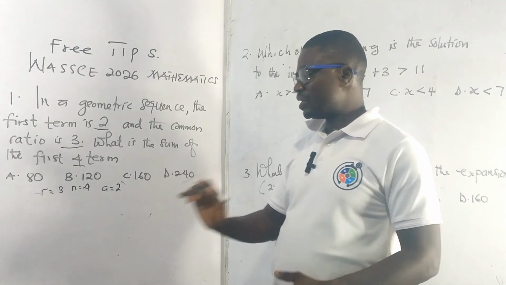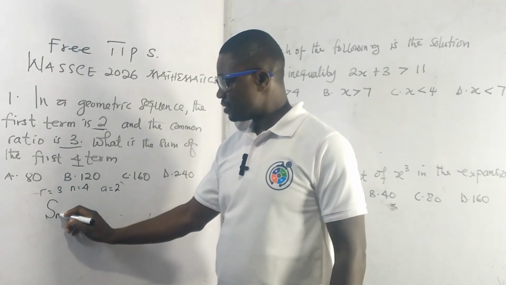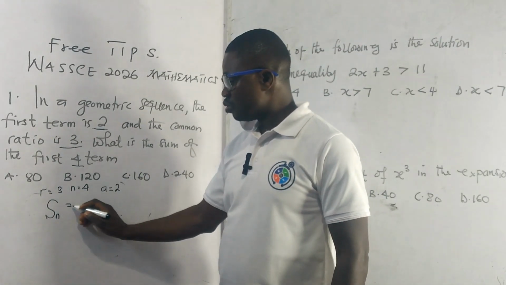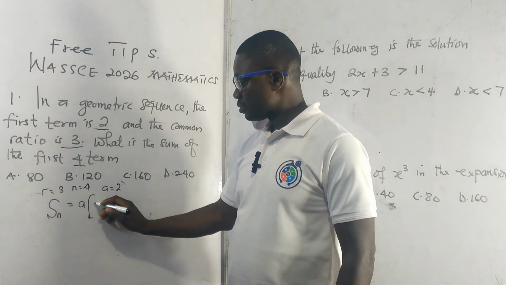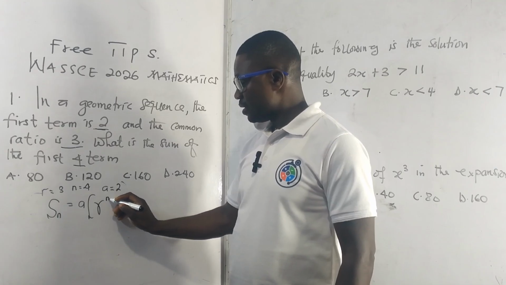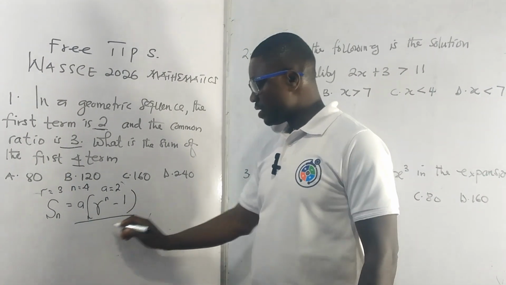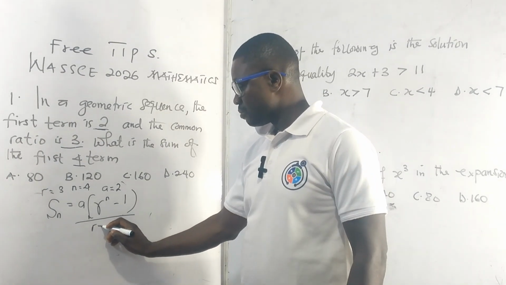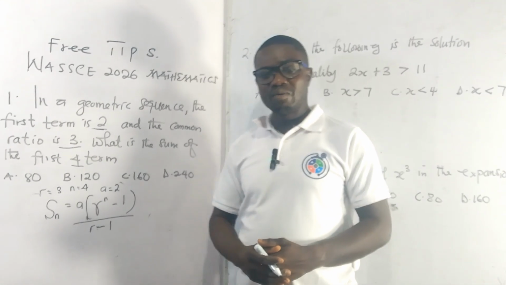We use this formula: the sum Sn is equal to A into bracket R raised to the power n minus 1, all over R minus 1. Why are we using it?